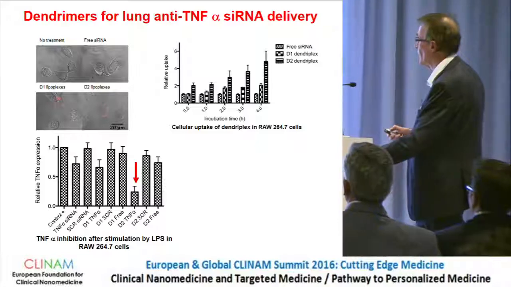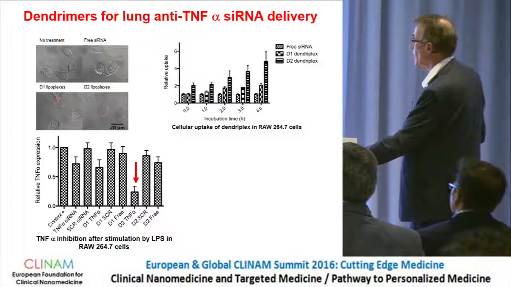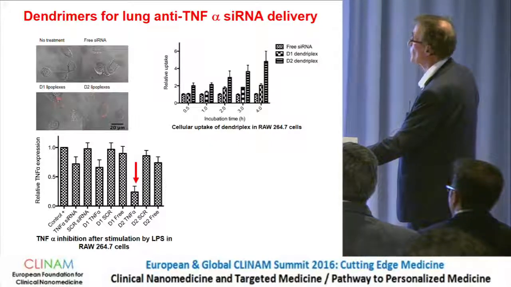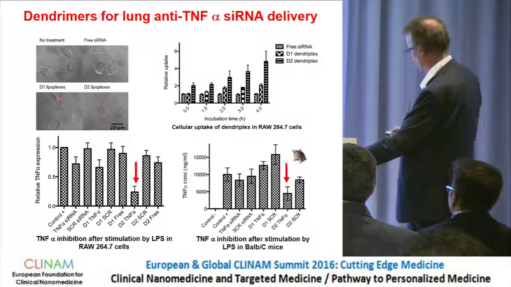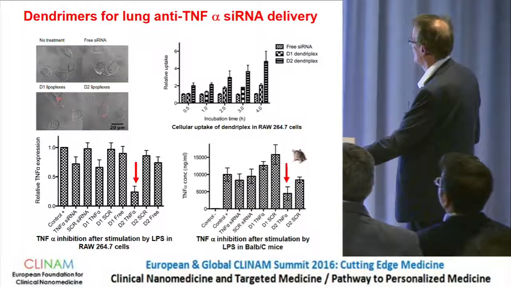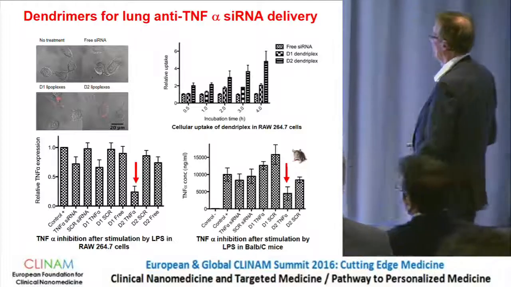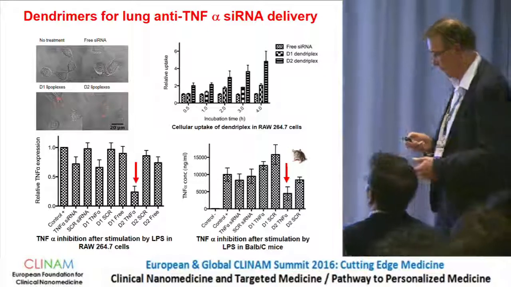Here is another interesting study, which is TNF-alpha inhibition after stimulation by LPS in these cells. You can see again that we have nice results with the dendrimer with pyrrolidinium groups, and in vivo, very briefly, we also have interesting results when working with the dendriplex with pyrrolidinium groups on the surface.